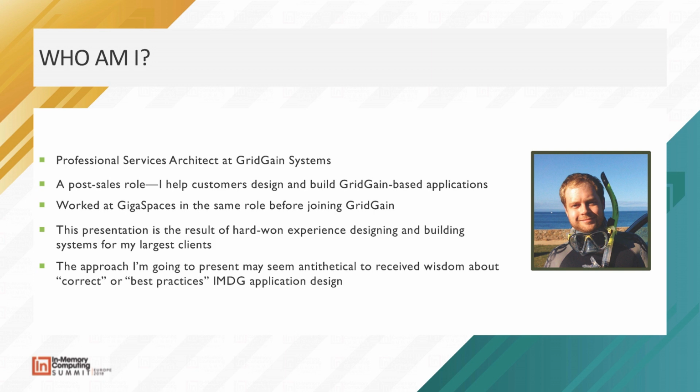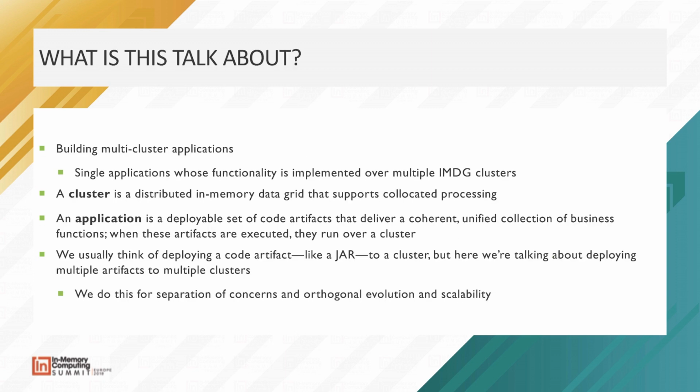That is to say, your grid isn't just a dumb store for objects, it can also compute stuff. So I'd like to make this as platform neutral as possible. And one final remark is that almost everything I say about GridGain also applies to open source Apache Ignite.